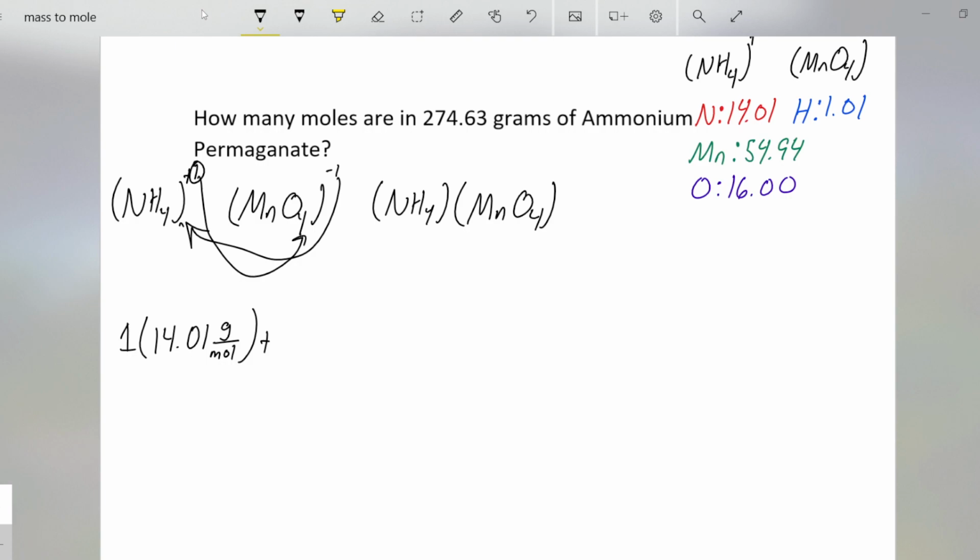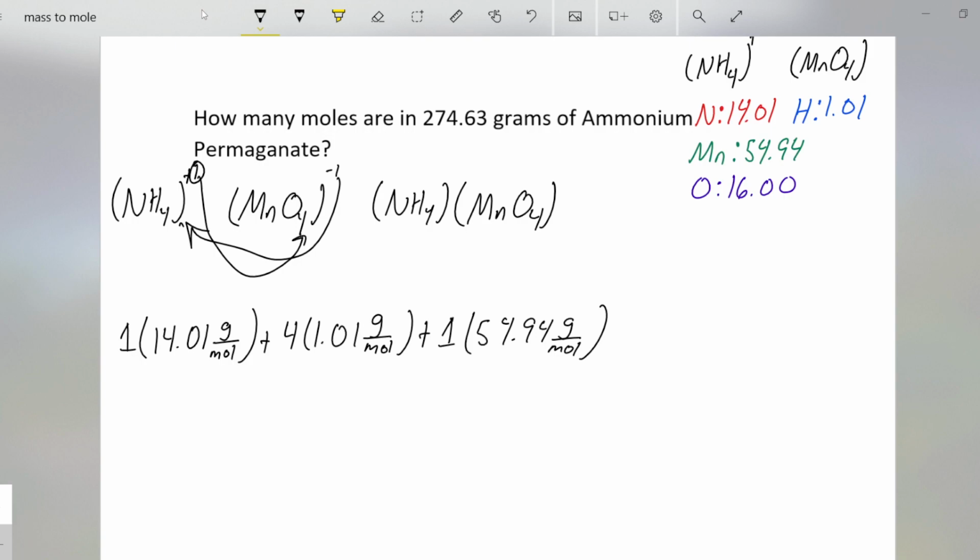We have 4 hydrogens, so we take 4 times the molar mass of hydrogen, 1.01 grams per mole. We have 1 manganese, Mn, because Mg is magnesium. We have 1 manganese, and it has a mass of 54.94 grams per mole.